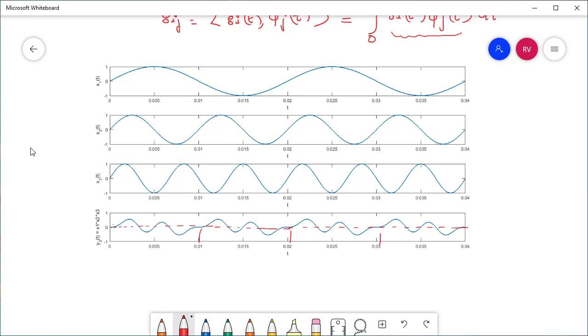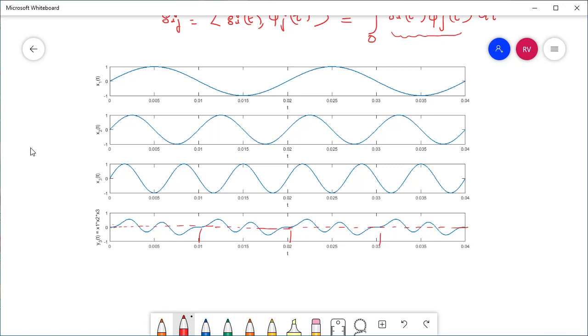And if you carefully examine, you can see that the area on the positive side and the area on the negative side are equal to each other. Now if you integrate it over a period, it will give you 0, and that means if you integrate the entire signal, that will give you 0. This is because the positive and negative sides are equal. So if you integrate them together, that will give 0.